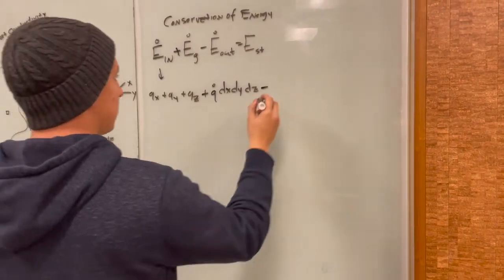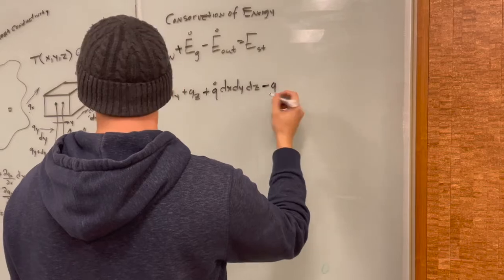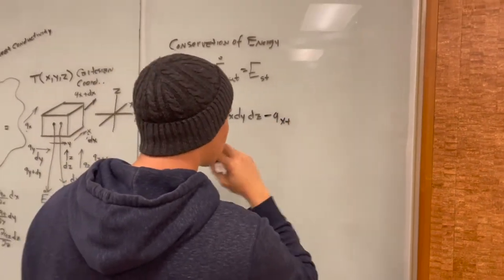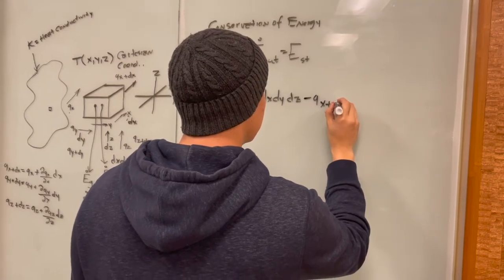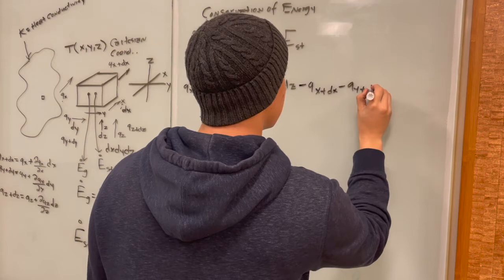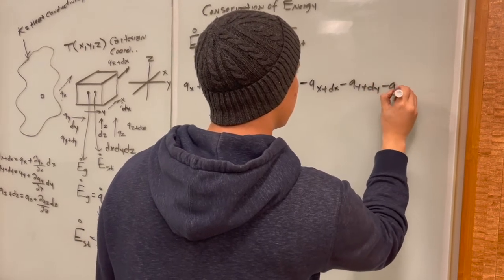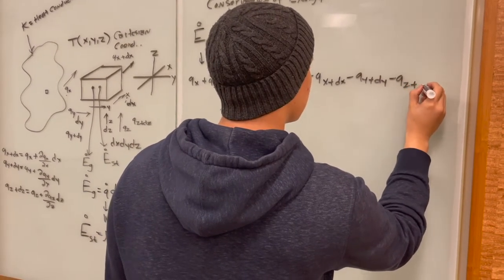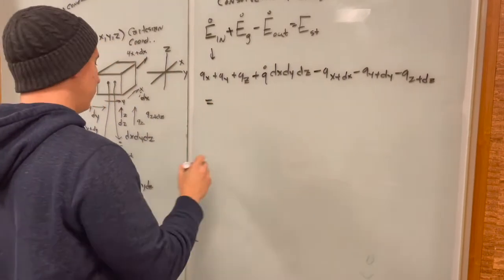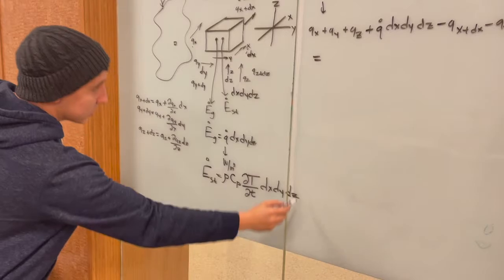So we can just put this as the qx plus dx, minus qy plus dy, minus qz plus dz, and all of that, since I'm running out of room, is going to be equal to what we were saying here.